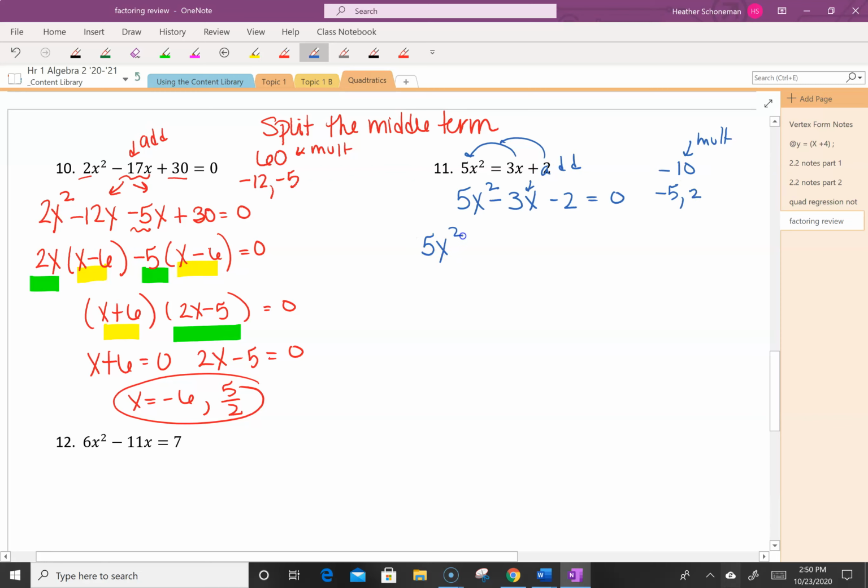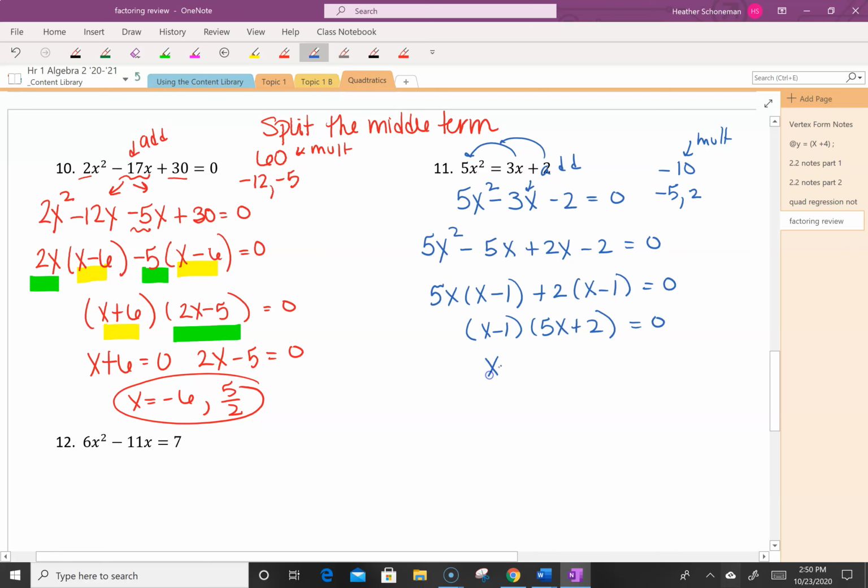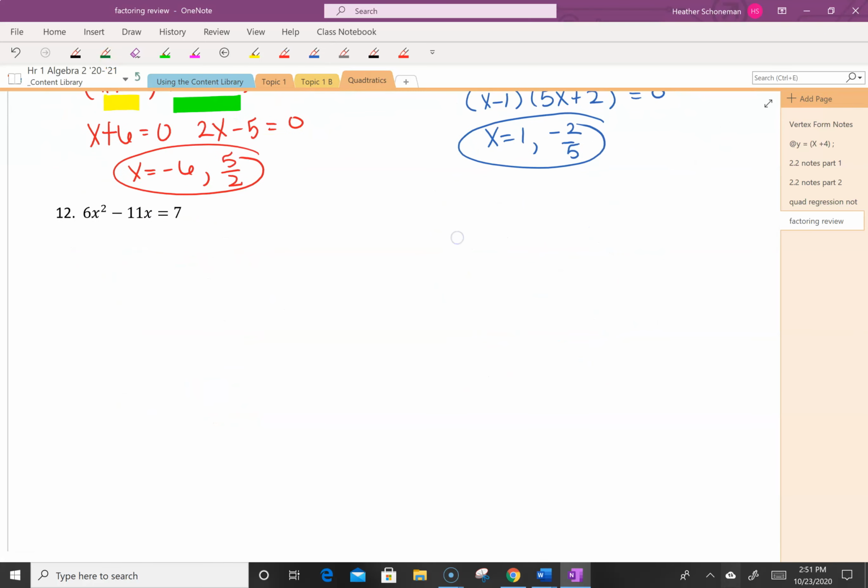So now I'm going to rewrite that, splitting the middle term into negative 5x and positive 2x. So the first two terms, I can take out 5x, and I'm left with x minus 1. Out of the next two terms, I can take out 2, and I'm left with x minus 1. So when I rewrite this, I get x minus 1 times 5x plus 2. When I solve, I get 1, and this one I get negative 2/5.